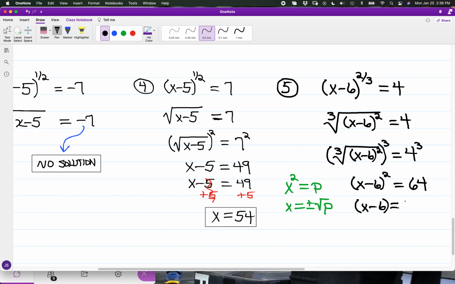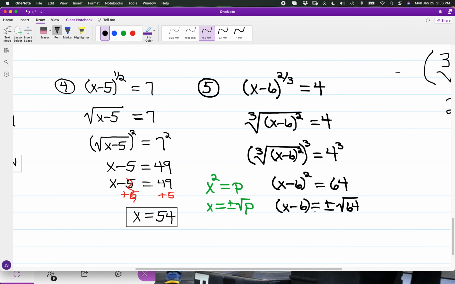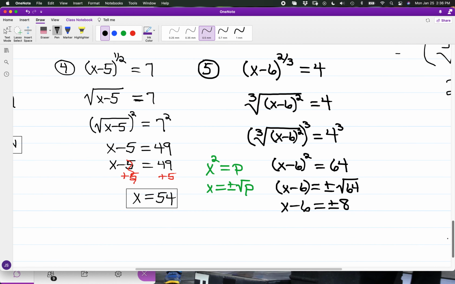So we have x minus 6 is equal to plus or minus the square root of 64.